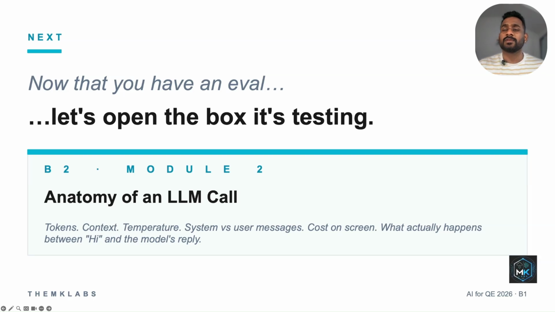You will see tokens, context windows, temperature, system versus user messages, cost on the screen, and what actually happens between hi and the model response coming back. You will need this mental model before we get into RAG and agents in later modules of this playlist. So next week, let's look at module 2, the anatomy of an LLM call.